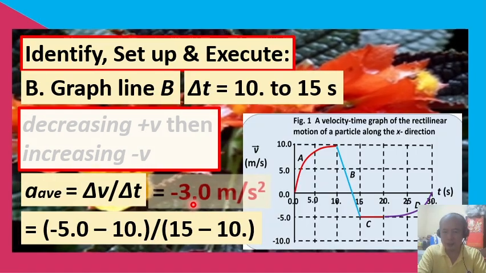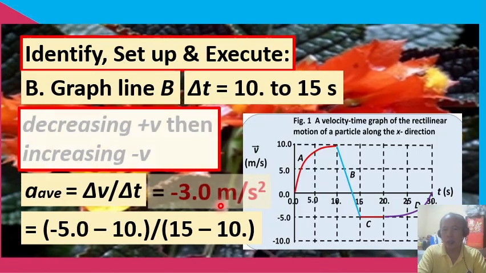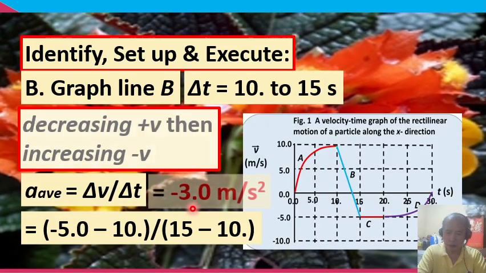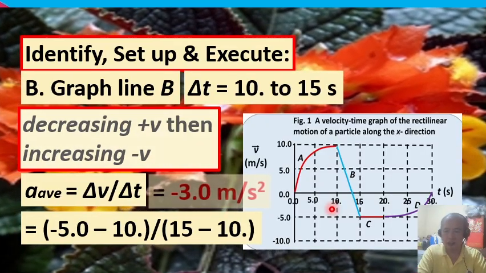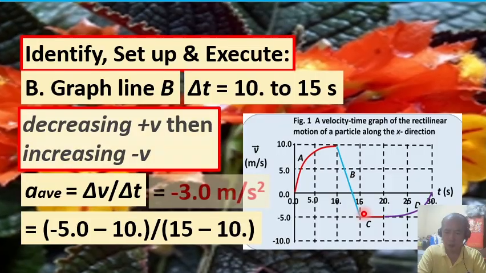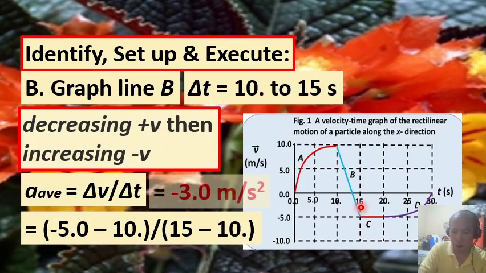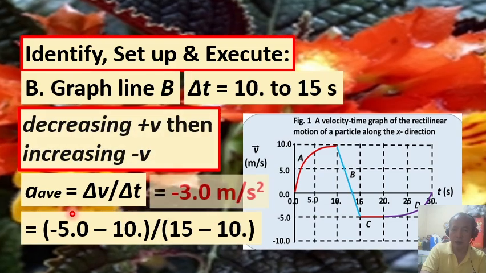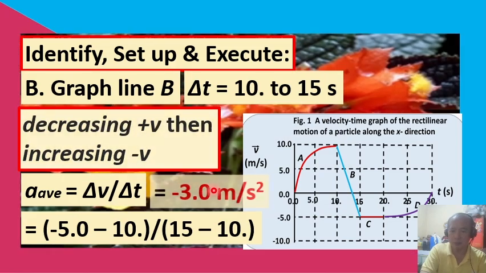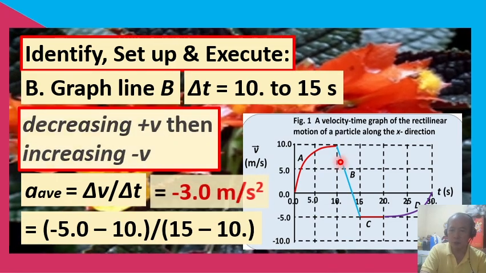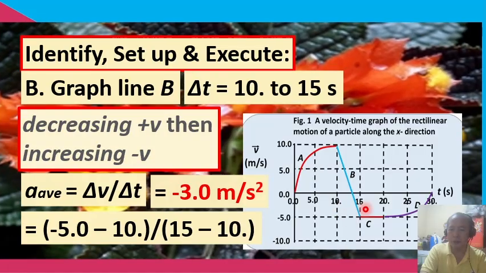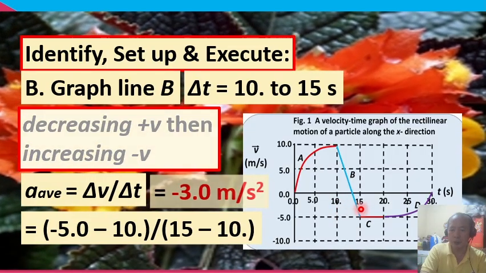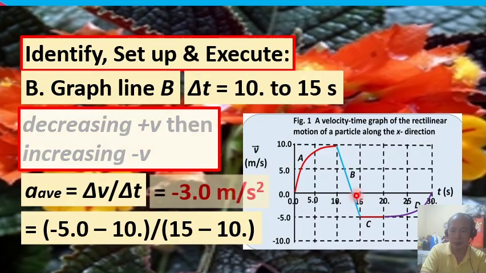Then again, the negative sign of the acceleration suggests that it is directed in the negative x direction. Okay, we call it the average acceleration because it involves using a time interval, right, from 10 seconds to 15 seconds.